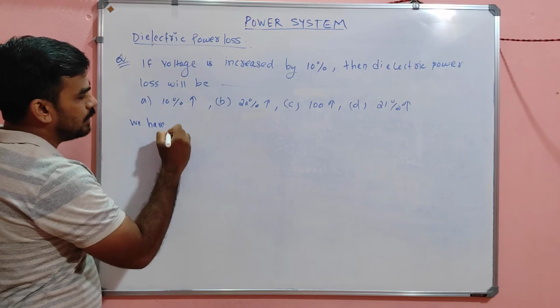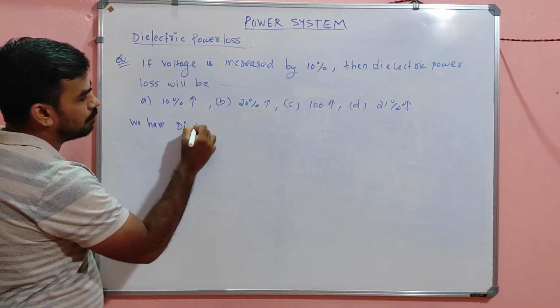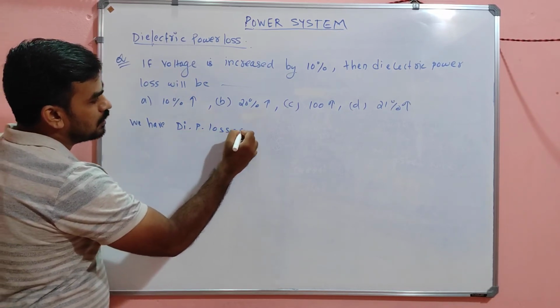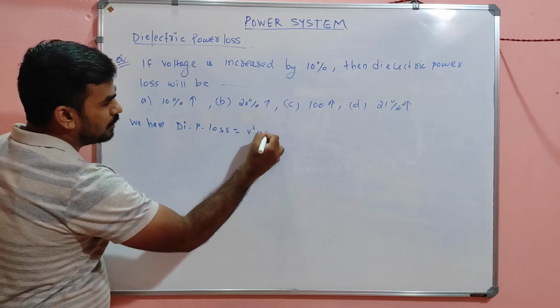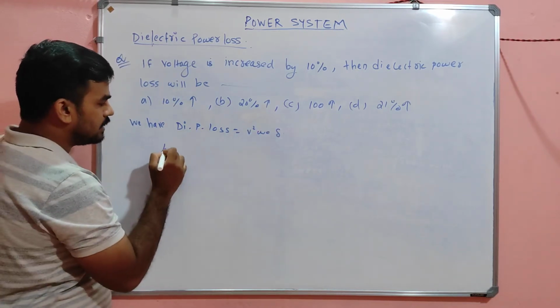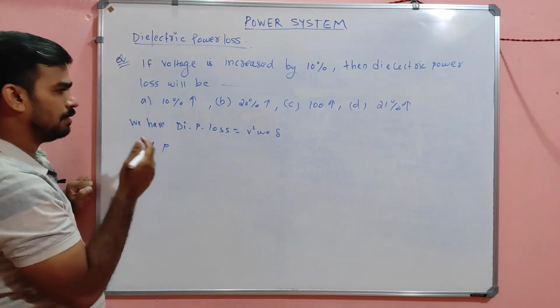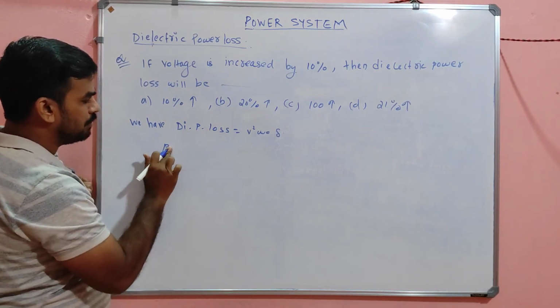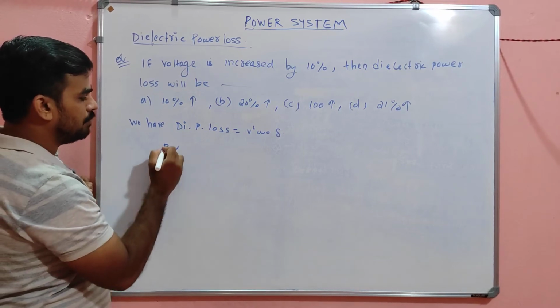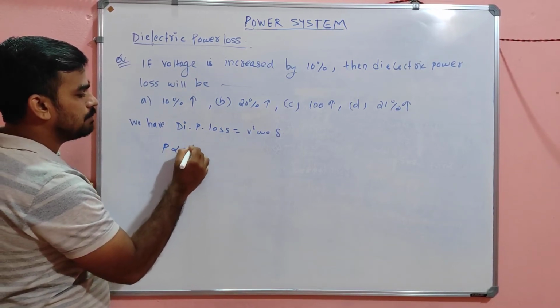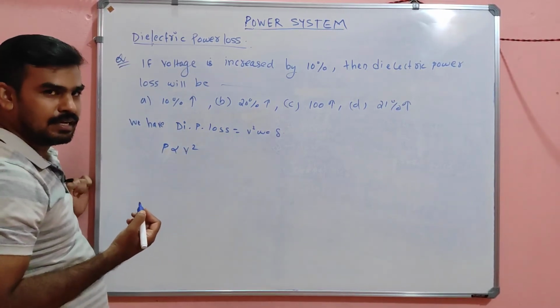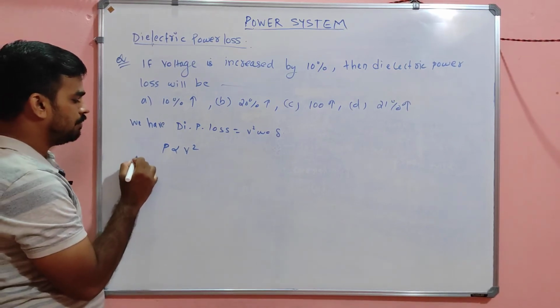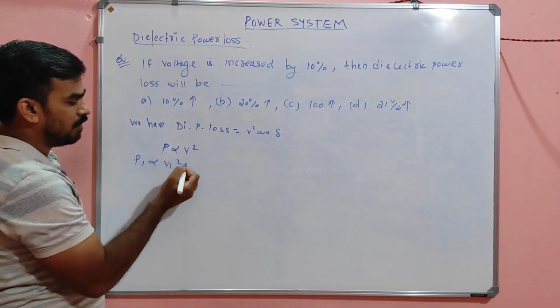Dielectric power loss is equal to V square omega C delta. Let P1 be the dielectric power loss at a particular voltage. P is proportional to V square, so P1 will be proportional to V1 square.